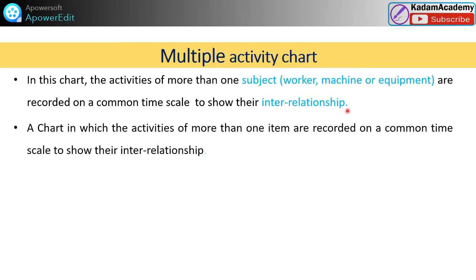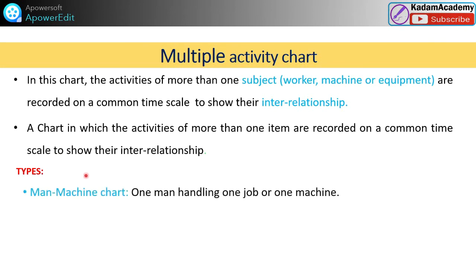More than one worker or machine working parallelly is shown in a multiple activity chart. That's why there are different types of multiple activity chart. The first is the man-machine chart.